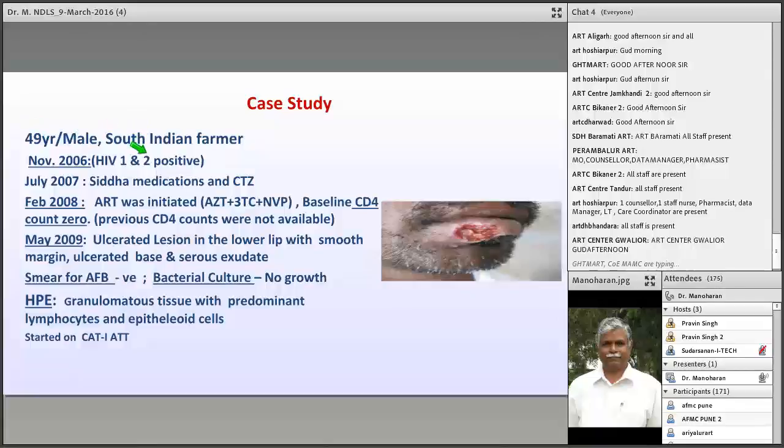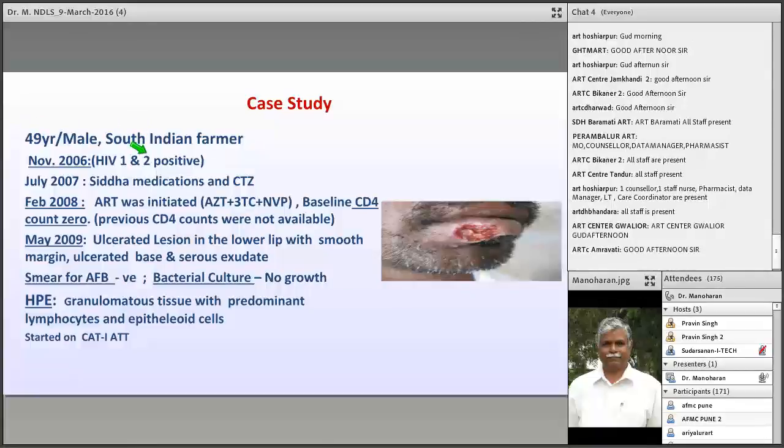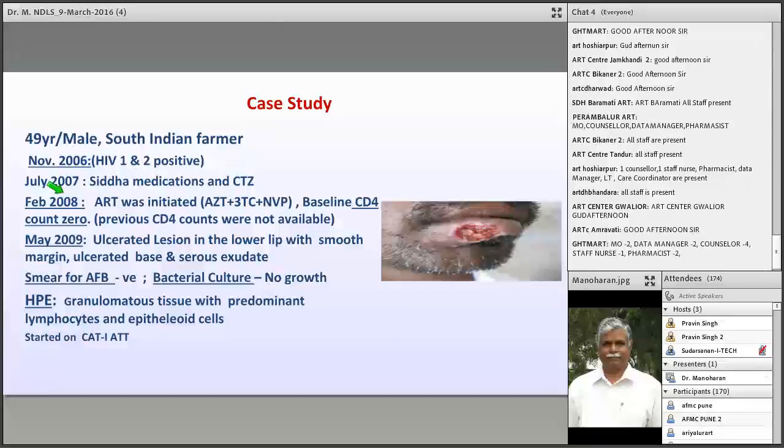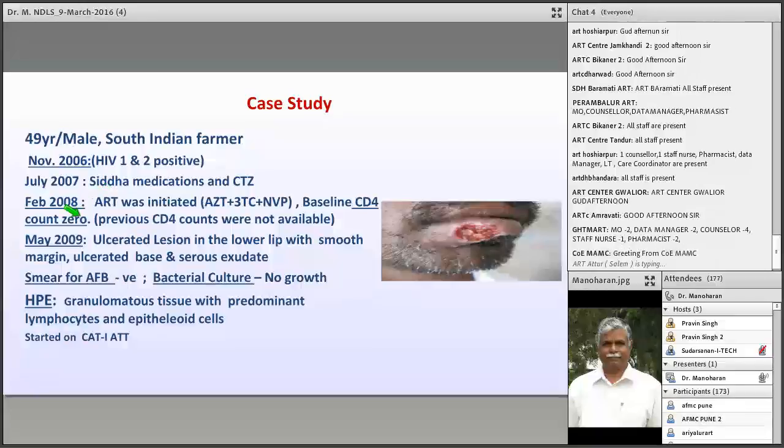He came with a report of HIV 1 and 2 positive in November 2006, and he was taking Siddha medications and cotrimoxazole. In February 2008, he was started on antiretroviral drugs, AZT, 3TC and nevirapine, with a baseline CD4 count of 0. Previous CD4 counts were unavailable with the patient.